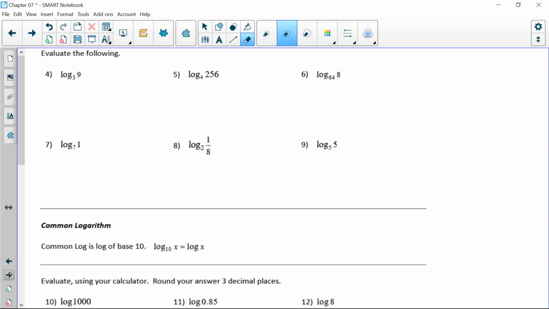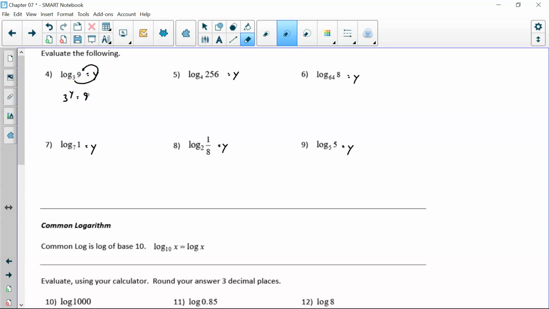We're evaluating. So let's say that equals y for all of these. This is going to make it a little bit easier for us to evaluate. I'm going to take this from logarithmic and write it in exponential. 3 to the y equals 9.